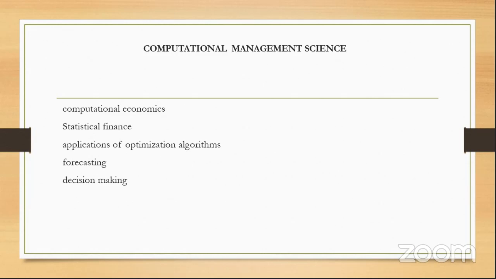Another thing is that in computational management science you can apply certain optimization algorithms also. Maybe those can be deterministic, stochastic, or robust. These optimization models you can use. Forecasting, yes, forecasting is a very important thing.